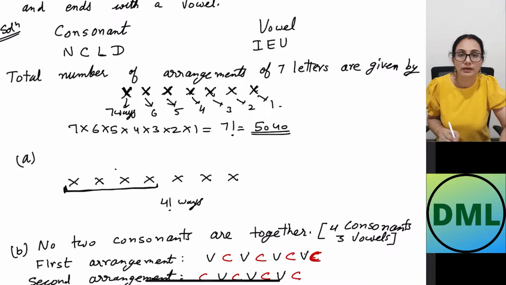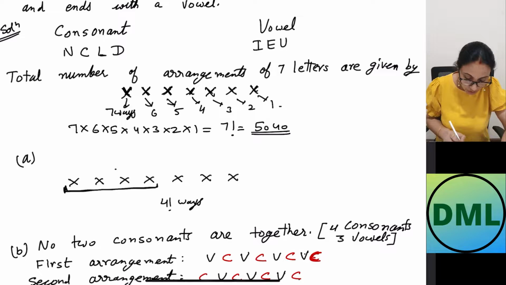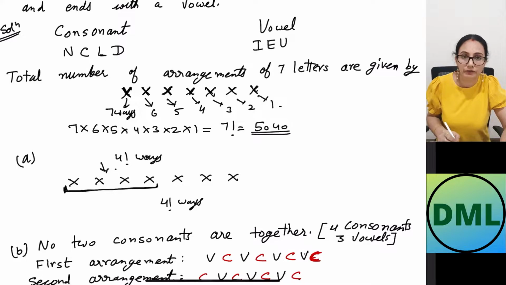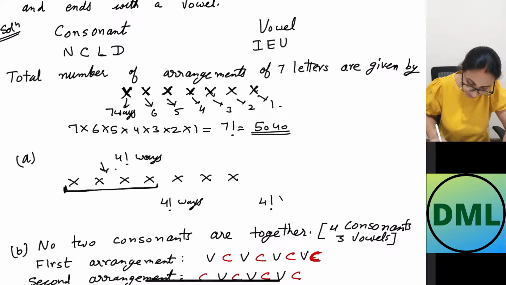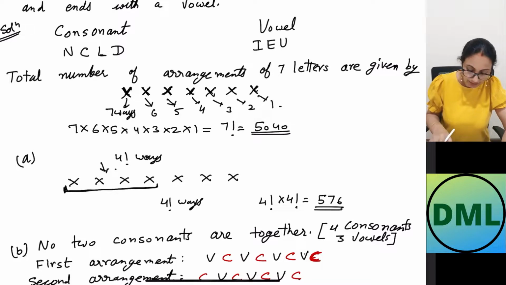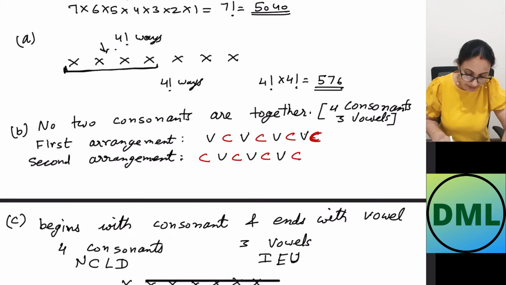Now I need to arrange the 4 consonants also, which are together. So this can be done in factorial 4 ways. So the total number of arrangements is factorial 4 multiplied by factorial 4, which equals 576.